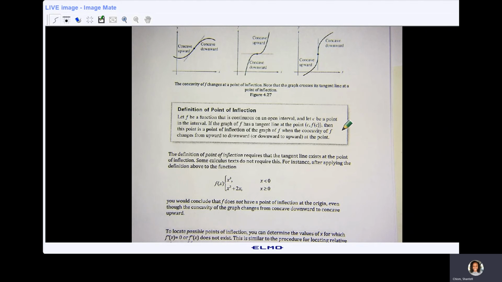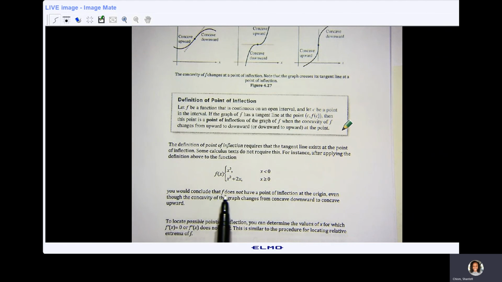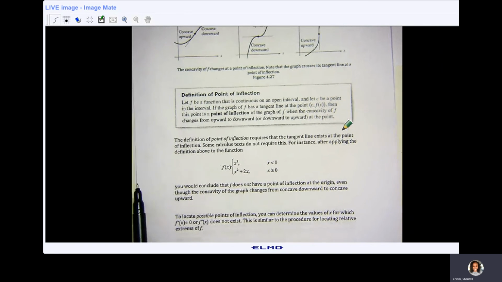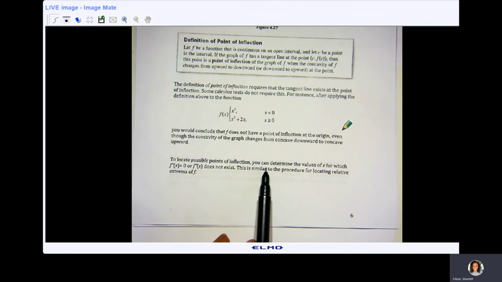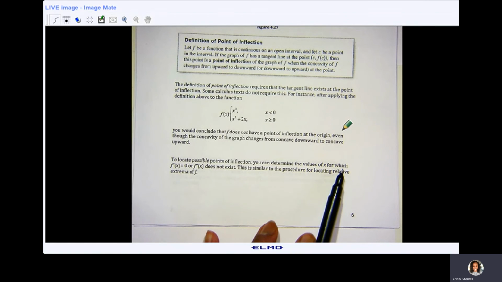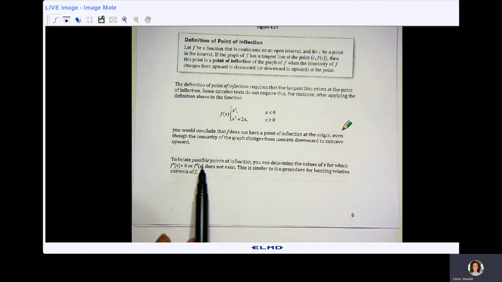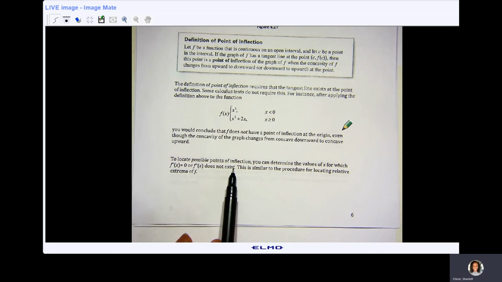For example, after applying the definition above to this function, then technically we would say f does not have a point of inflection at the origin, at 0, even though the concavity of the graph changes from concave downward to concave upward. So to locate possible points of inflection, you can determine the values of x for which f double prime is equal to 0 or f double prime does not exist.